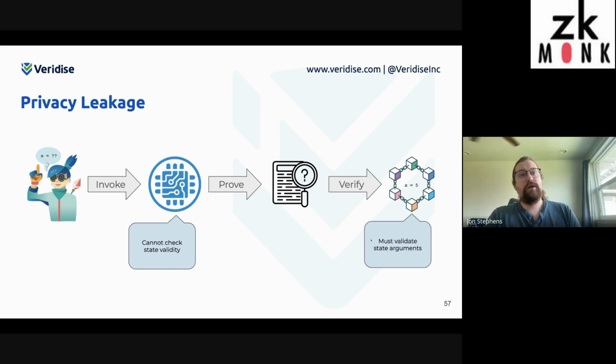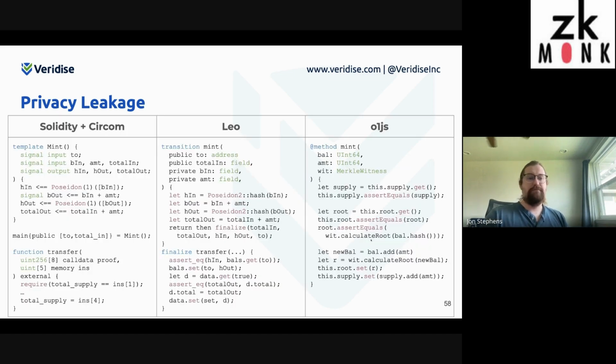However, when someone takes that ZK circuit and provides it on-chain for verification, if it is possible to recover information about the user from that proof, then it can leak information that they might otherwise not want leaked. So for example, in the social security example that I just gave, it might be the case that if someone submits multiple proofs, their social security number would be leaked, which would be bad.